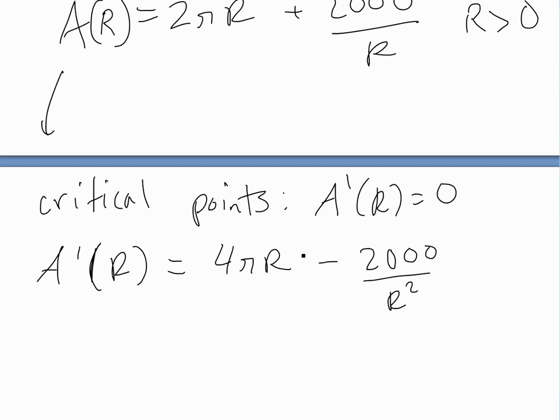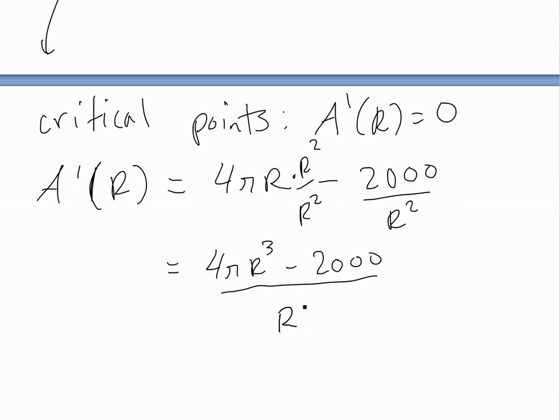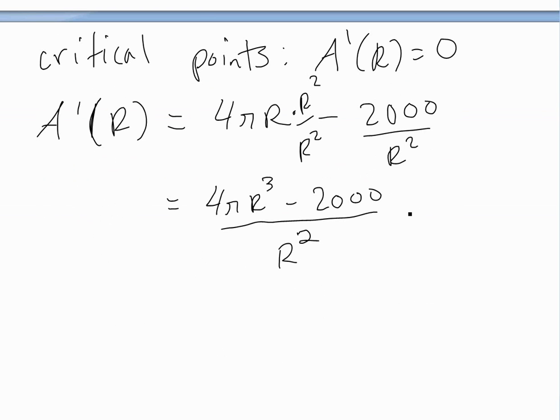We can simplify this further by multiplying by the common denominator, r squared. We're left with 4 pi r cubed minus 2,000, all divided by r squared. Now we can take the 4 out: this equals 4 times pi r cubed minus 500, over r squared.